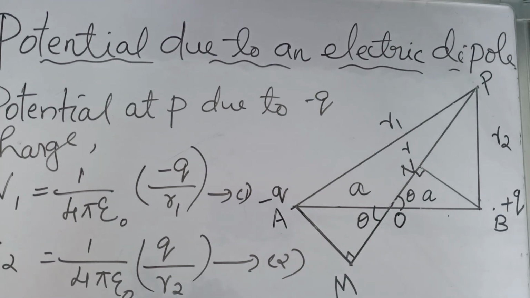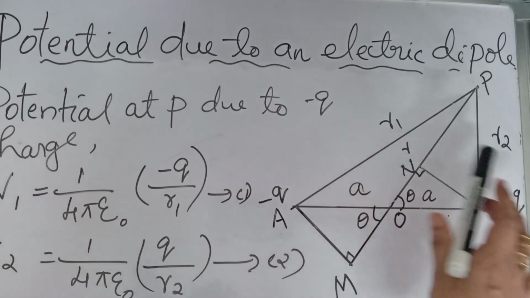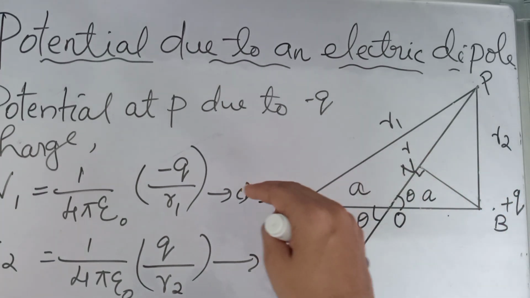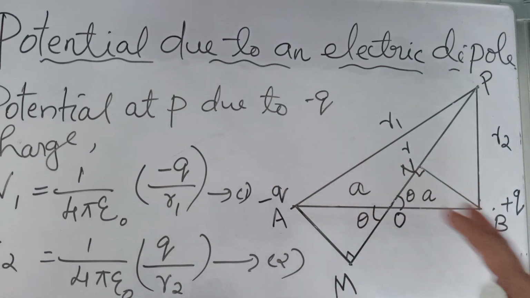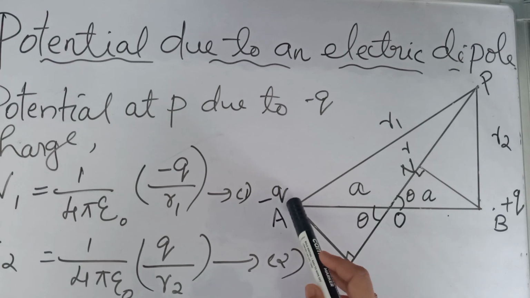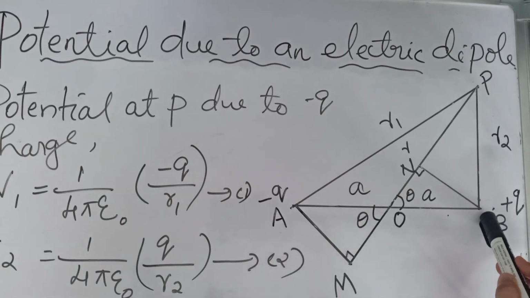So this is very easy to do, but the derivation is very important, that you have to understand and study. Okay, please don't learn this by heart. The diagram we have to draw, and then we have to just understand the concept, and then we can substitute the equations. That is very easy to do. Now here we are considering an electric dipole. Electric dipole means this minus q charge is here and plus q charge is kept here.